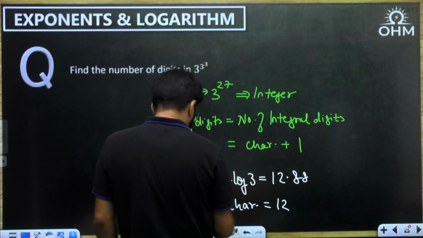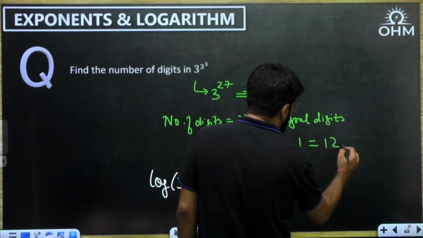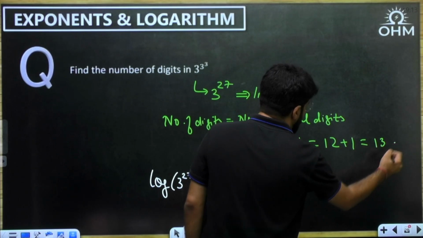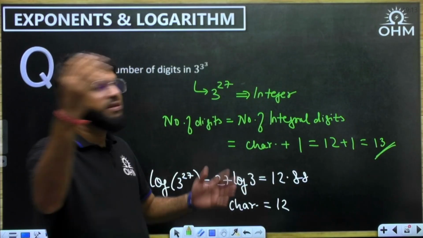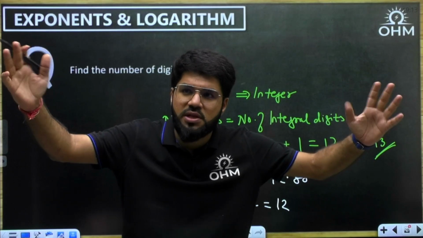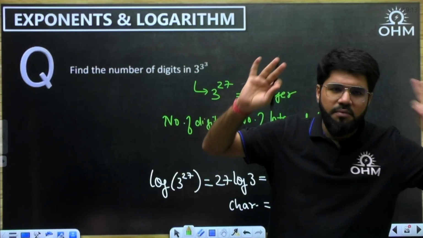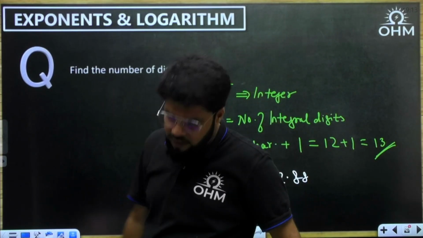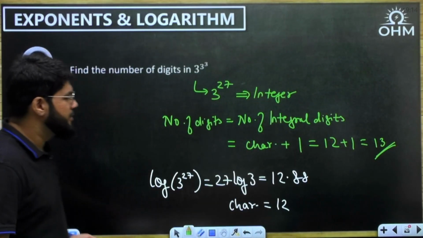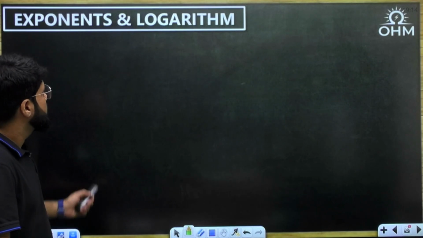It is 12, and the answer is then 12 plus 1. So the number of digits when 3 power 27 is evaluated totally will be 13, 110% sure.